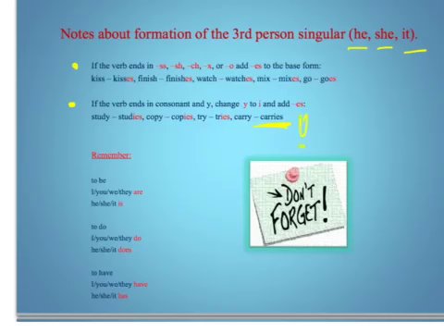And now, try to remember something very important, please, and do not forget. If you got the verb to be, for you, we, they, it is are, okay? But if you got the third person singular, he, she, it, is. If you got the verb to do, for you, we, they, do.